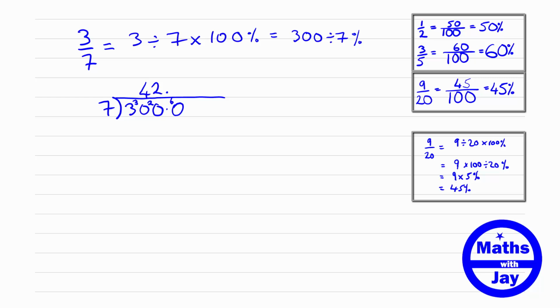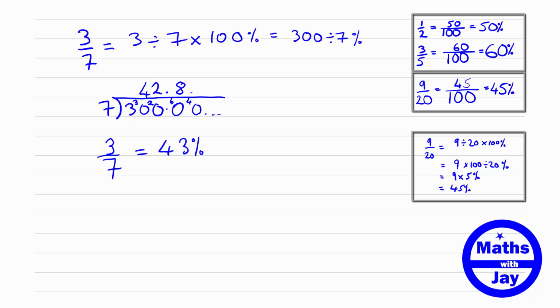So 7's into 60. How many times? It will be 8, 56. And then a remainder of 4. We can keep going on and on, except that we probably don't need to put all those zeros in and continue along here, because it's probably enough to say that 3/7 is approximately 43%.